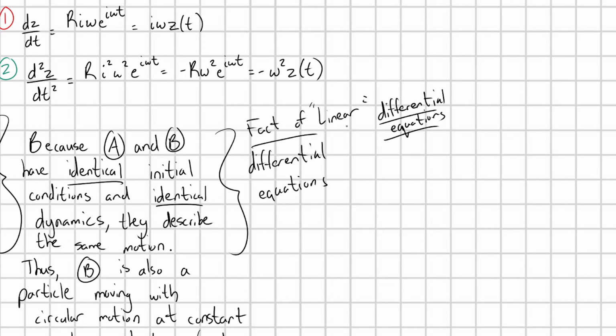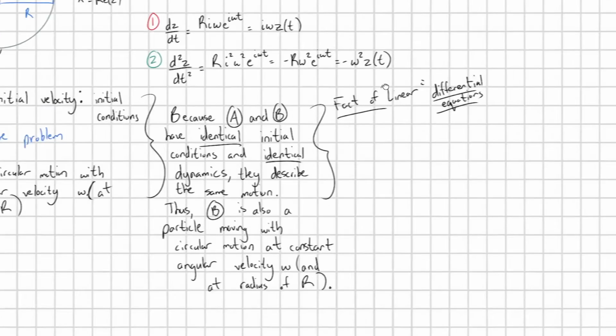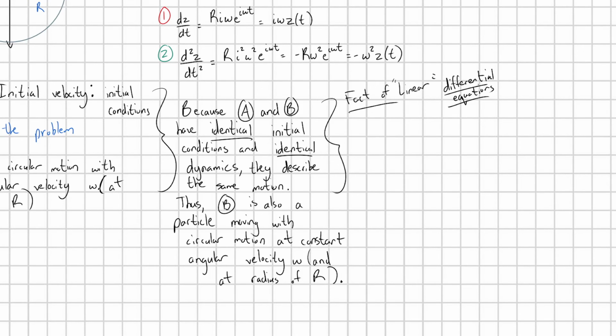But I hope that I don't need to do too much convincing, right? So first off, yes, you can confirm that this statement here, because of how differential equations work, is a true and rigorously defined statement.